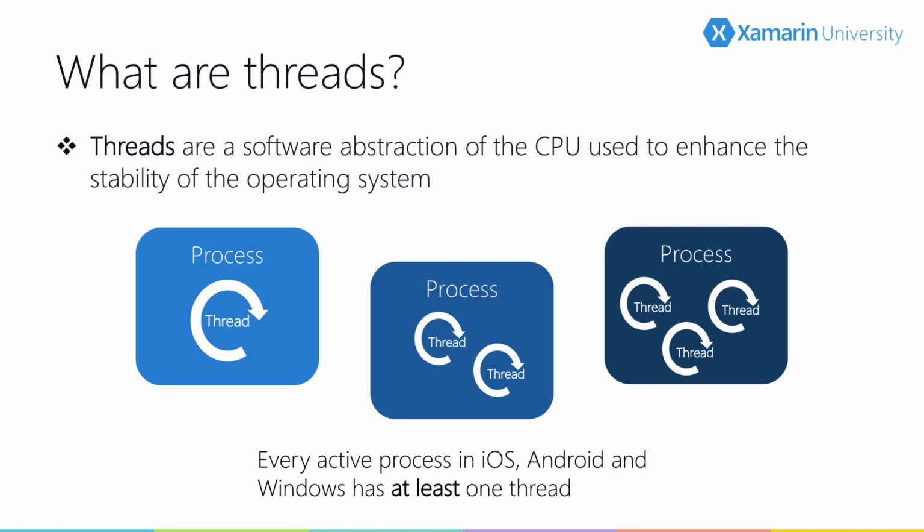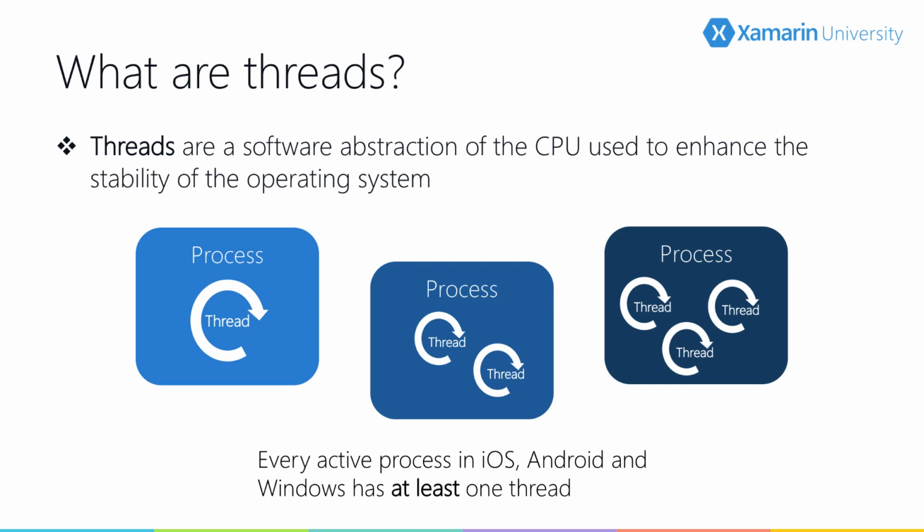Unlike processes, which cannot easily communicate with each other, and one process cannot reach into a second process, this is not true for threads. All the threads within our application have access to the same data. We could say that data is shared across all threads.